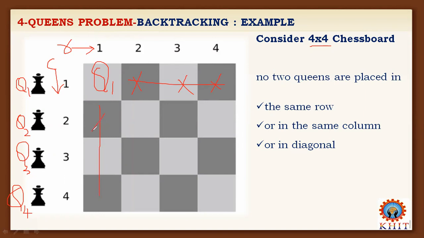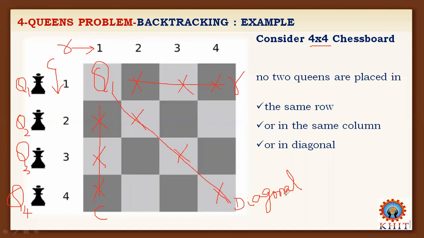And diagonal. These are the diagonal positions. I cannot place the next queen diagonally either. So same row, same column, and same diagonal.